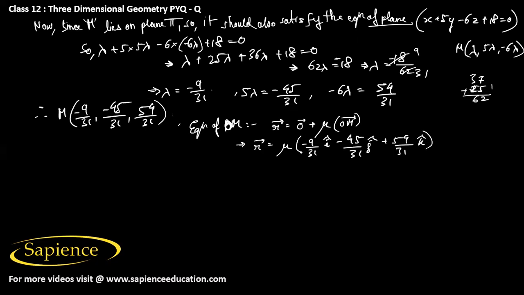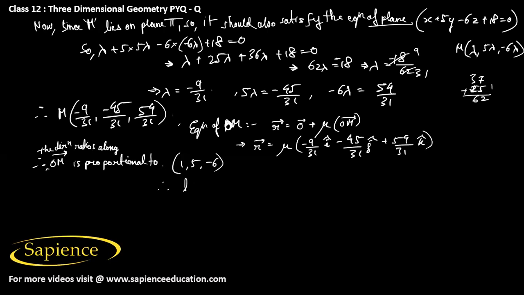Therefore the direction ratios along the OM vector are proportional to 1, 5, minus 6.